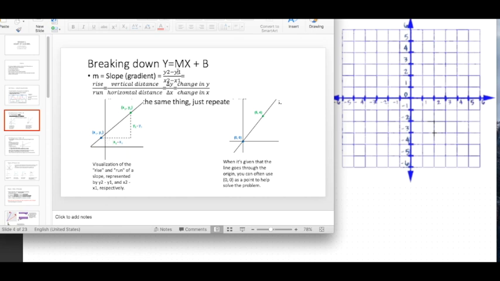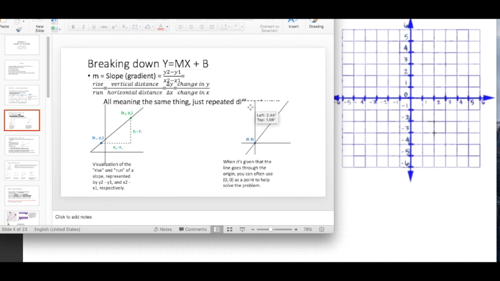So therefore y2 minus y1 represents your vertical distance, and we know this horizontal axis is your x-axis, where x2 minus x1 represents your horizontal distance, or as we learn it, rise over run, right? Or the change in y over the change in x. So basically, these are just simple ways of repeating ourselves to mean the same thing, all meaning the same, just repeated in different ways.